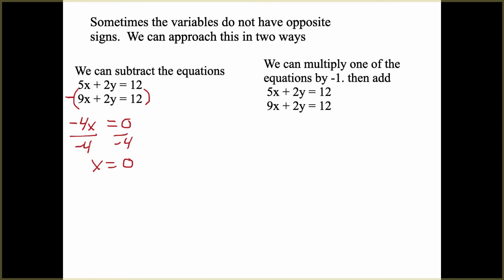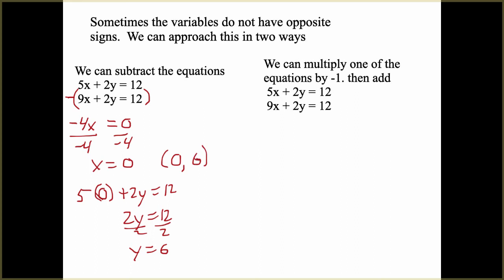And we plug it into either of our two original equations. I'll use the top one. 5 times 0 plus 2y equals 12. That leaves us with 2y is 12. Divide out, and y is 6. So our ordered pair is 0, 6, and this is the solution to our system.